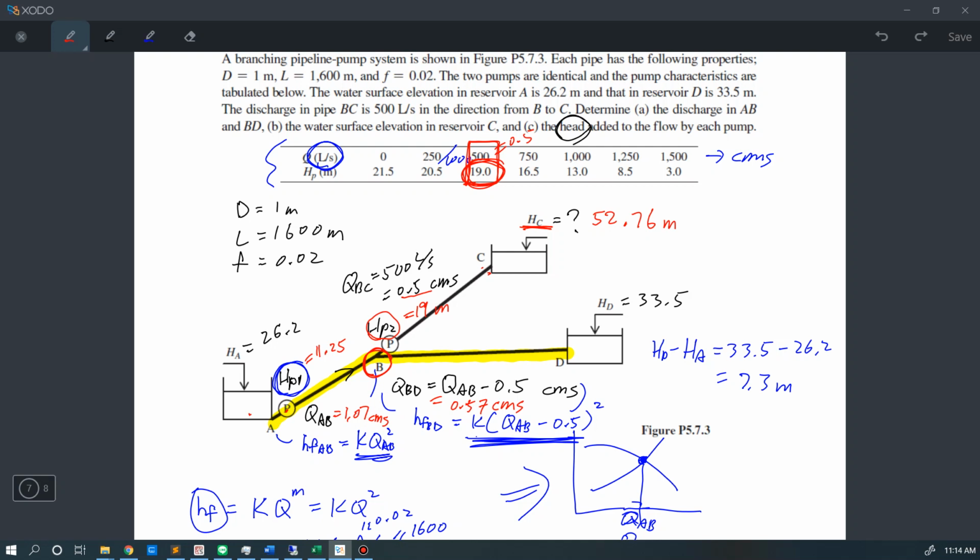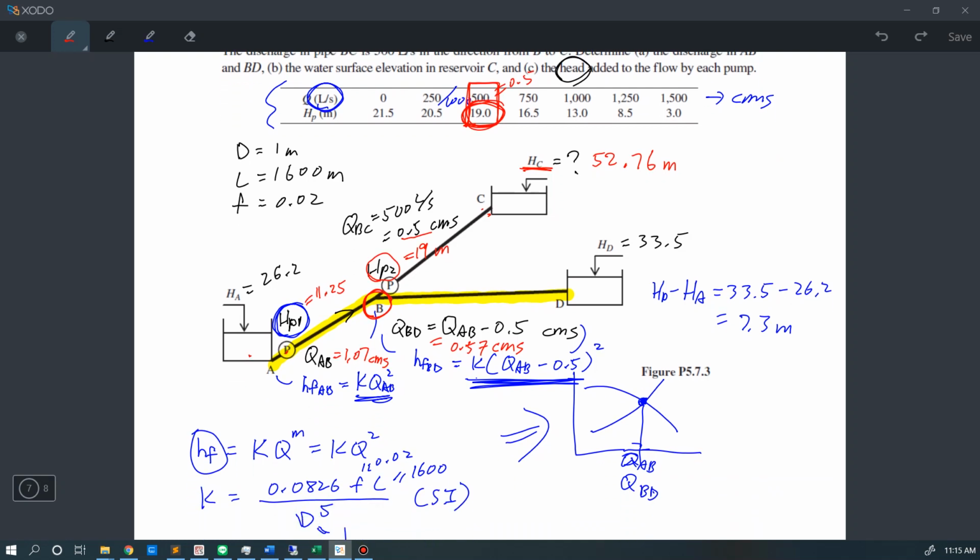So just to refresh memory, we have the 3 reservoirs in this problem, and we want to solve the flow rate in AB and BD segment. So to start with, we choose the pipeline A, B, D to plot the system curve and pump curve to find out the flow rate first, because in this pipeline we only have one pump involved.